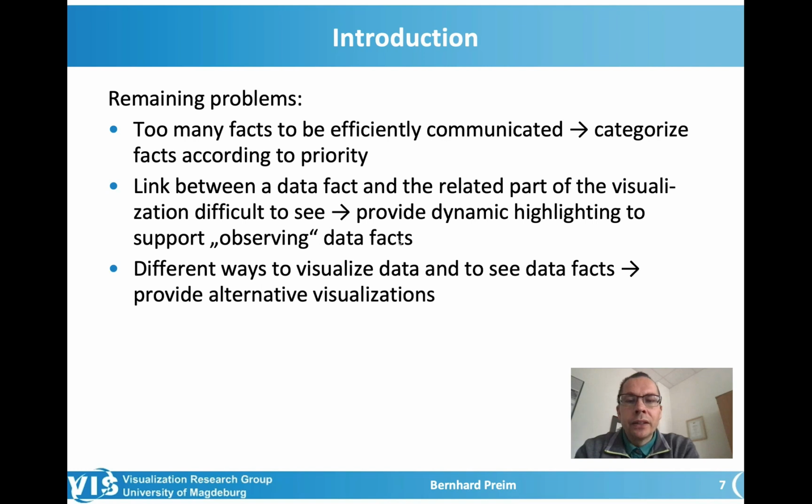And there are in principle different ways to visualize data and to see the data facts, and automatically it would be difficult to decide which one is the best. Ideally, the authors have the option to choose among a few alternative visualizations.